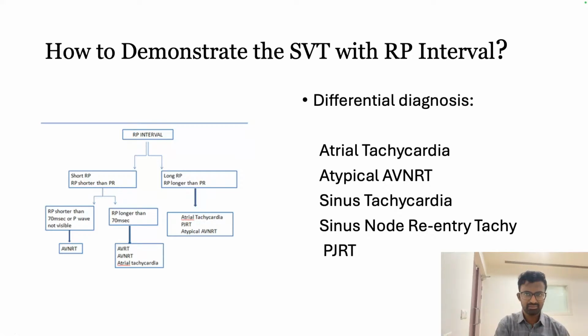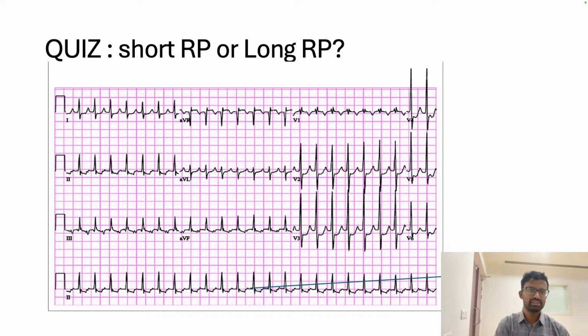Next slide, I'm going to go with a quiz: is this short or long? The blue arrow indicates the clue. You see in lead 2 and V1 we will see P waves; in V1 we cannot see them properly. In lead 2, the blue arrow shows the P wave.